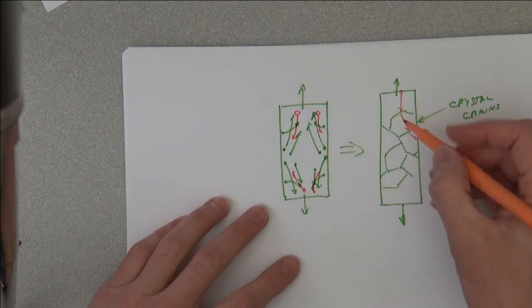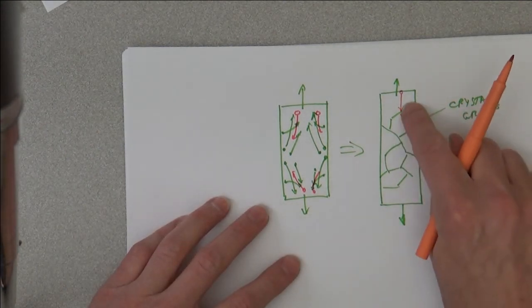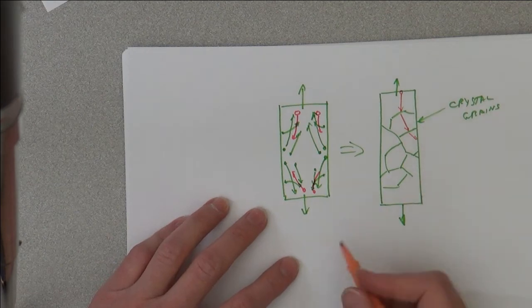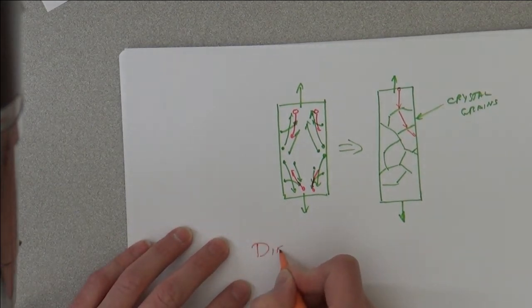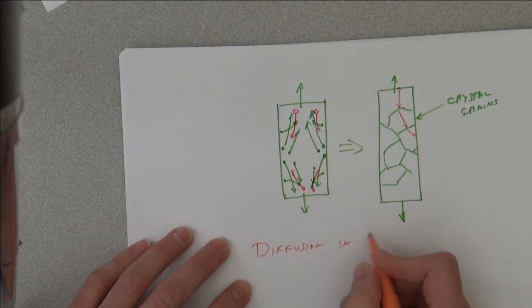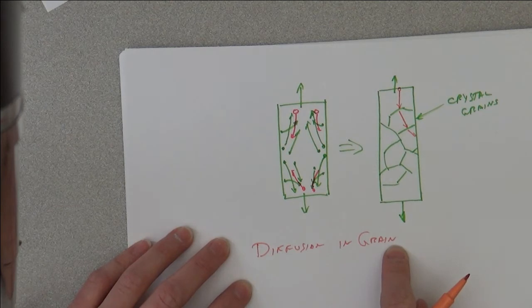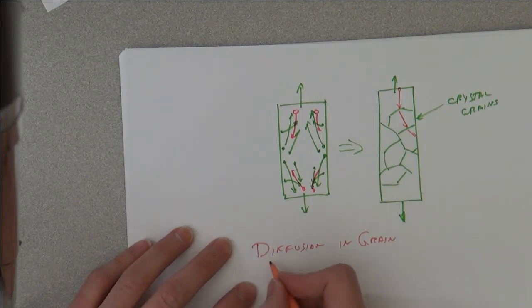And the process and the mathematics of this diffusion in grain was worked out, and we call this Nabarro-Herring creep.